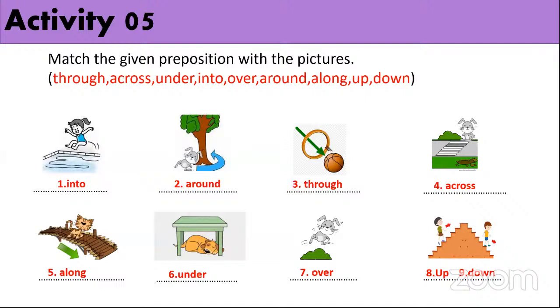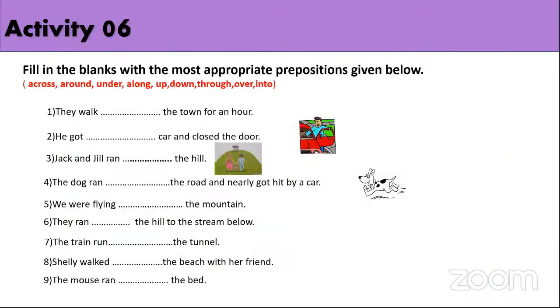Okay, I think you can remember them well. We have already done these things. Okay, let's do an activity quickly. Fill in the blanks with the most appropriate prepositions given below. And I'm not going to read all the prepositions given here because you know all the things now. Quickly do. There are 9 sentences.